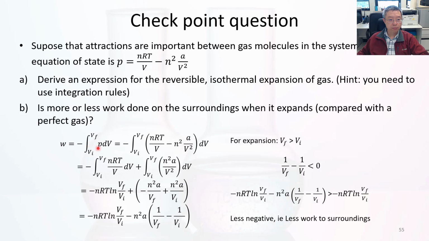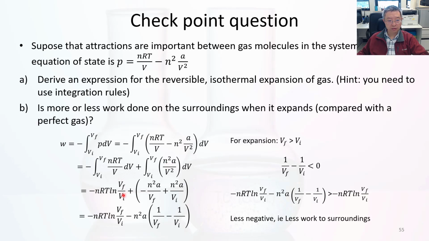So we can use this P here to replace the previous perfect gas equation: nRT over V minus N squared A over V squared, right? So we get these terms. This part is our perfect gas term, and this part is the additional term.